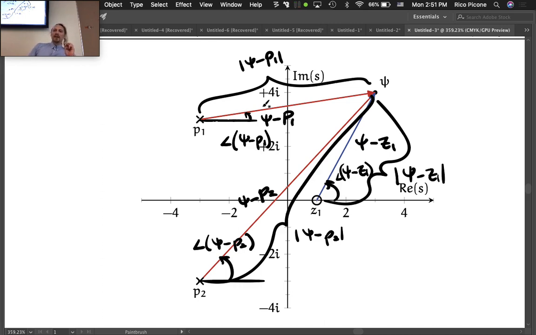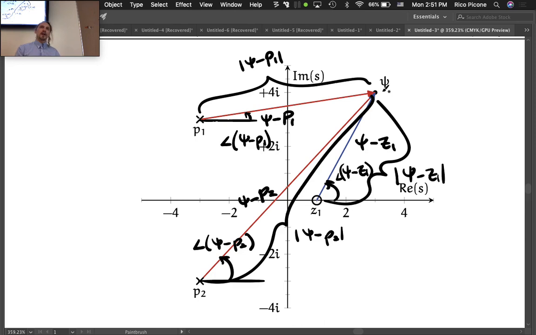So this thinking in terms of vectors, evaluating a transfer function in terms of its poles and zeros at the test point psi, we're going to be able to say that this point up here is either on the root locus, so it is a solution for the closed loop poles, or it's not.